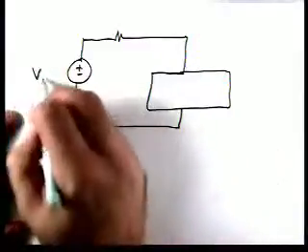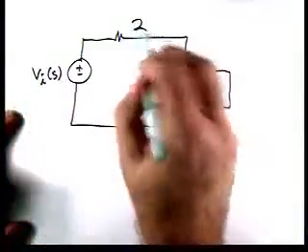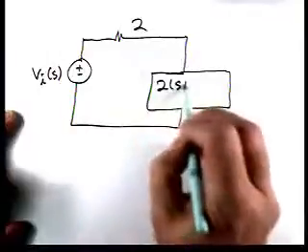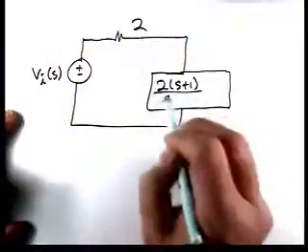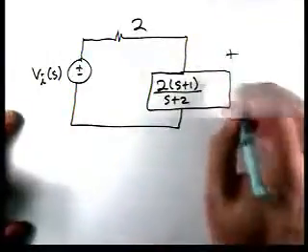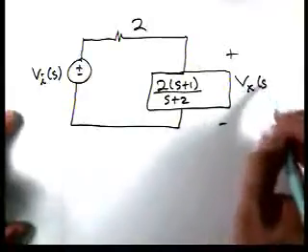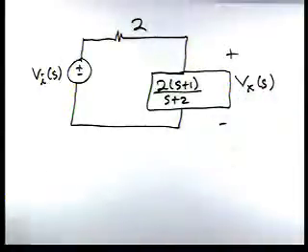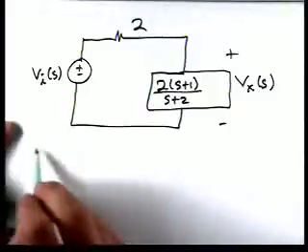That is as follows. The voltage across here is Vx. So now we can find Vx by voltage division.